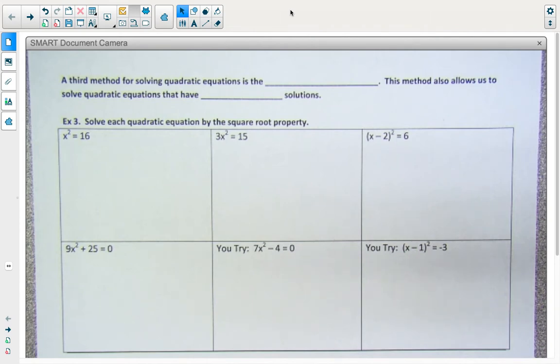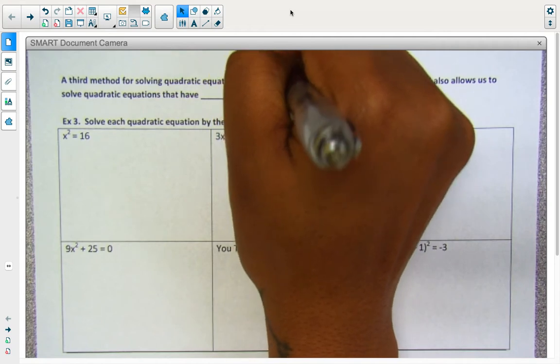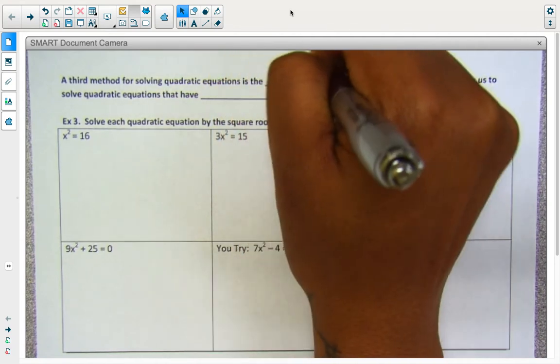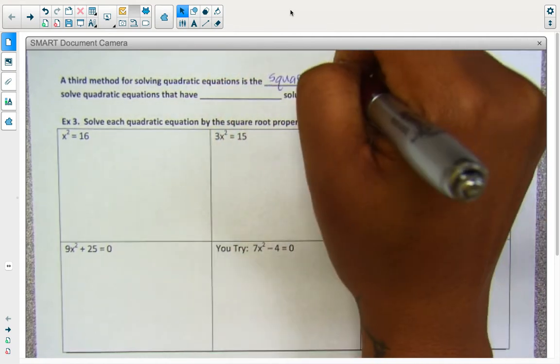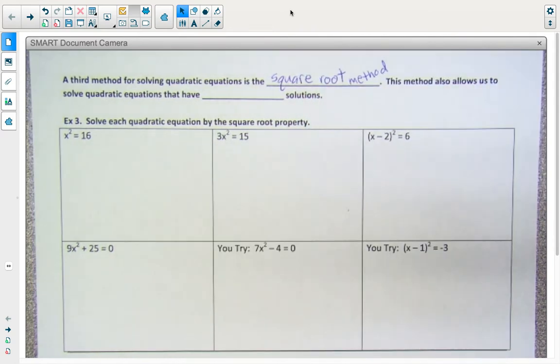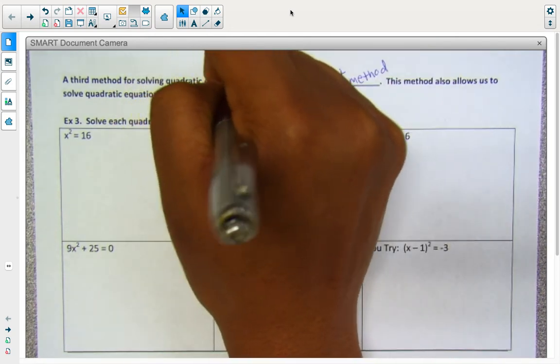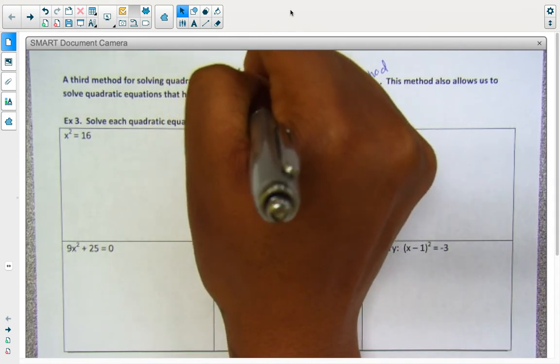So a third method for solving quadratic equations is the square root method. This method also allows us to solve quadratic equations that have imaginary solutions.